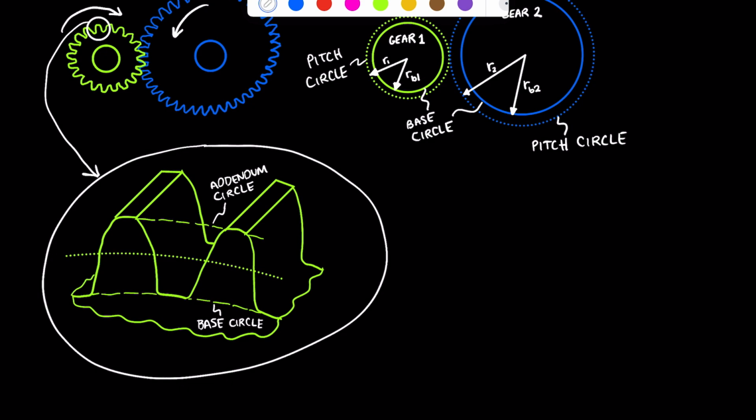All right, and then we can label the pitch circle as this dotted line here. So you can see that it ends up being somewhere between the top and the bottom.